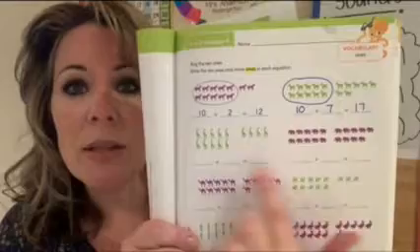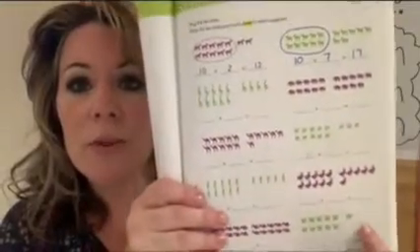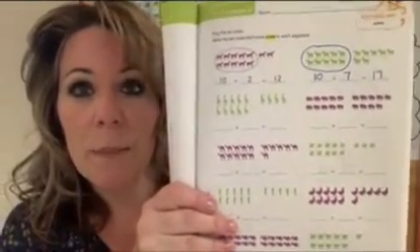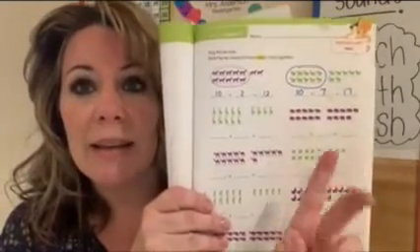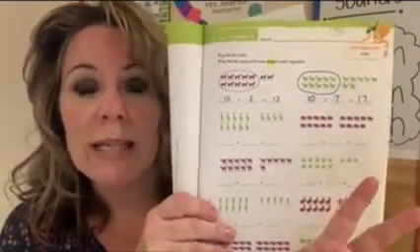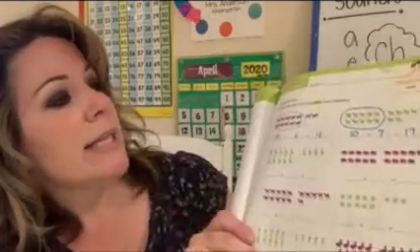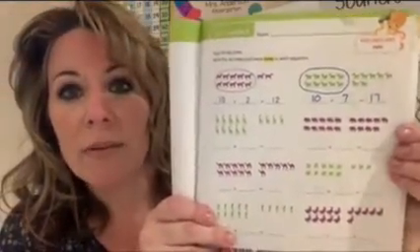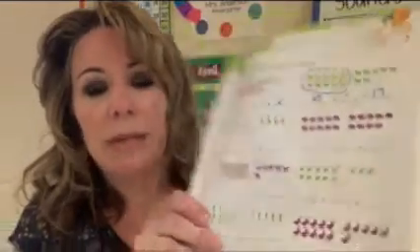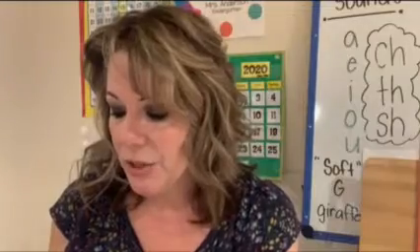You try using that thinking for the rest of those, okay? Remember, ring the group of 10, then you need to write the 10 ones and the more ones that you have, okay? And see what you come up with. And then turn the page.